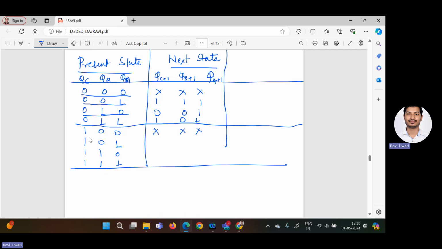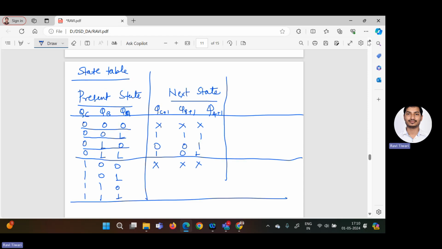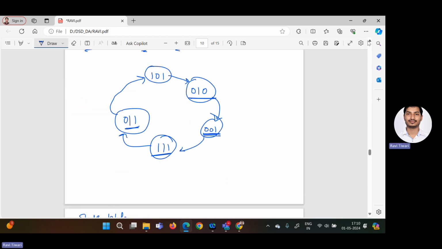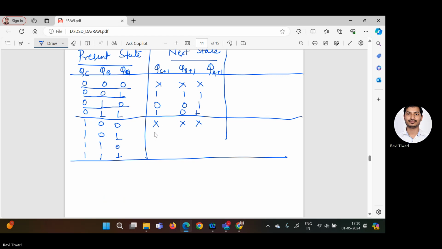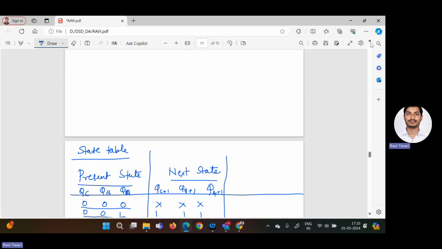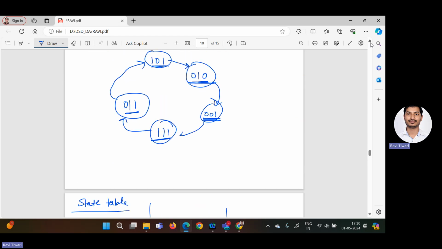If you are in state 5, the next state will be 0, 1, 0: 5 to 2, so 0, 1, 0. If you're in state 6, 1, 1, 0, what will be the next state? As you can see, there is no such state whose value is 1, 1, 0.